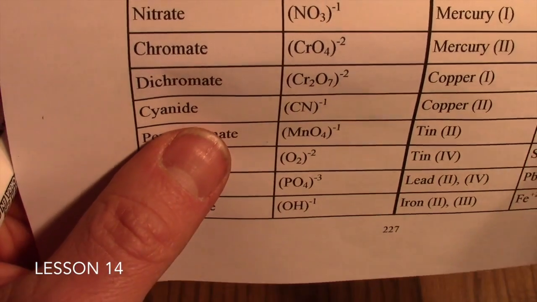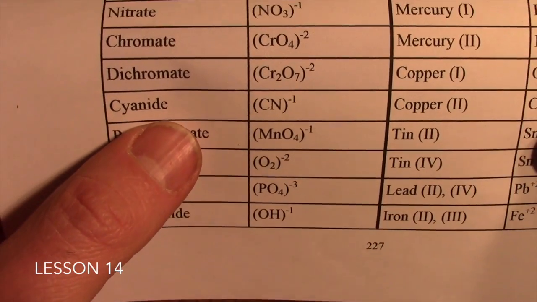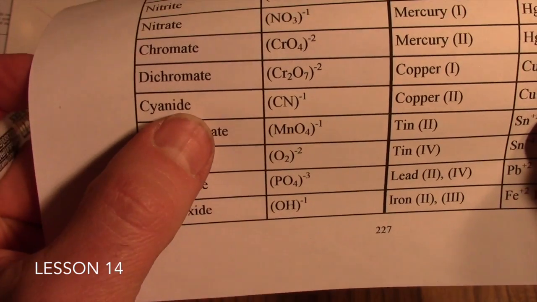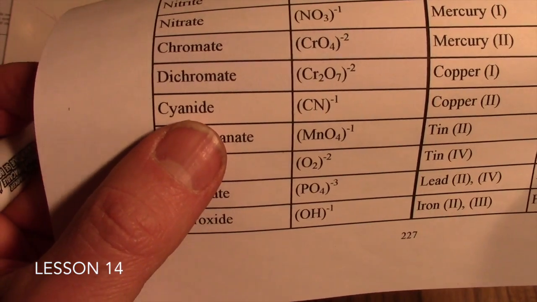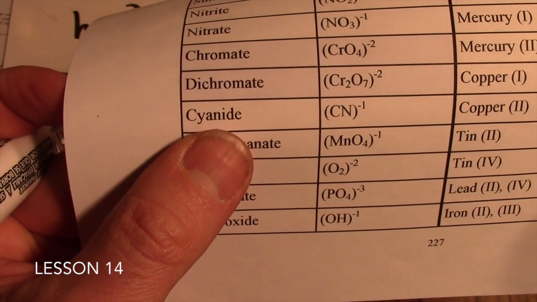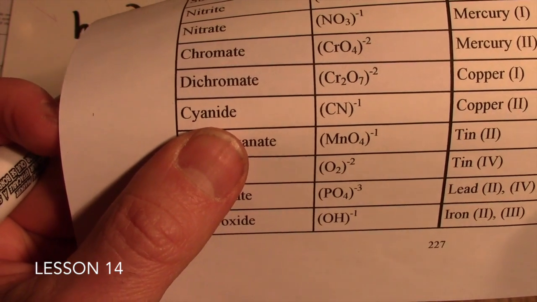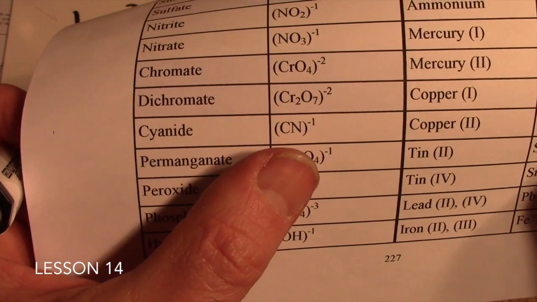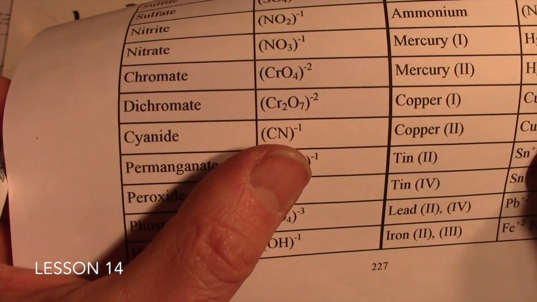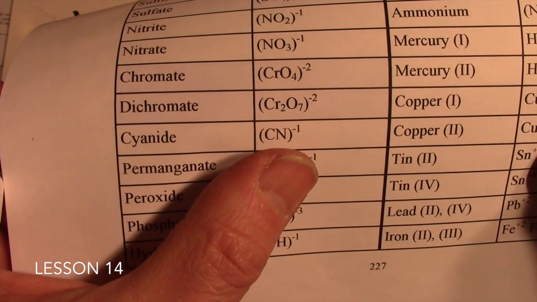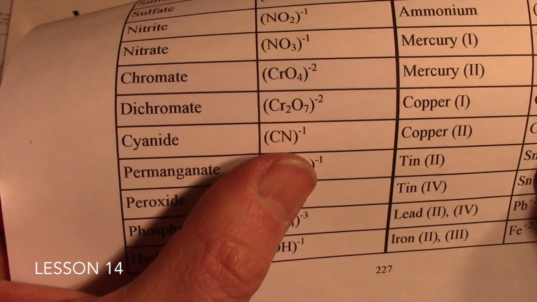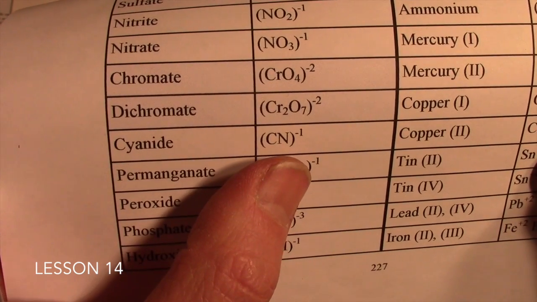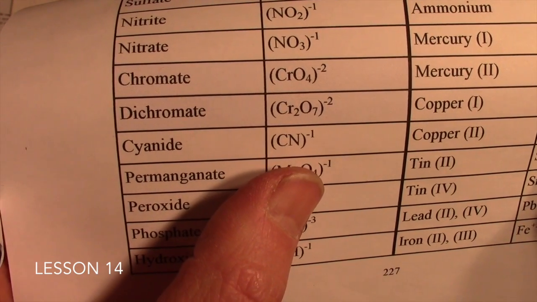Moving on down the list, we have cyanide, which is a poison, right? Now this one, I've watched students try to find this on the periodic table. There's no element named cyanide that ionizes. Cyanide is a combination, a polyatomic ion, of carbon and nitrogen. One of each with a -1 charge is cyanide.